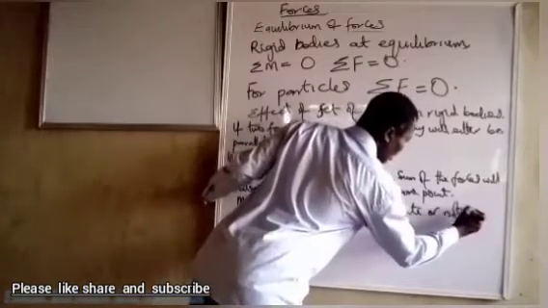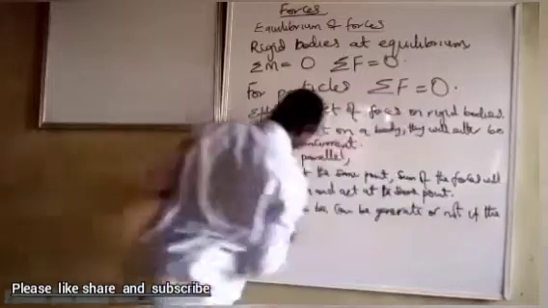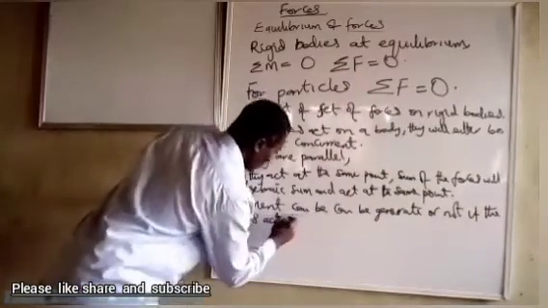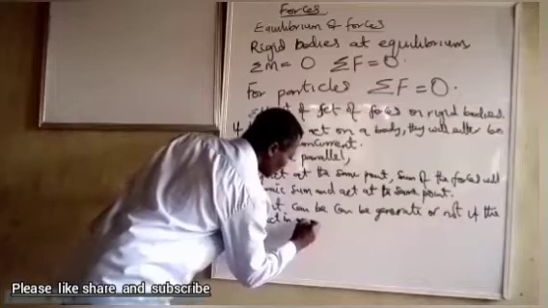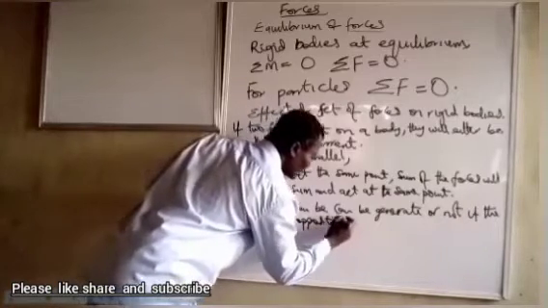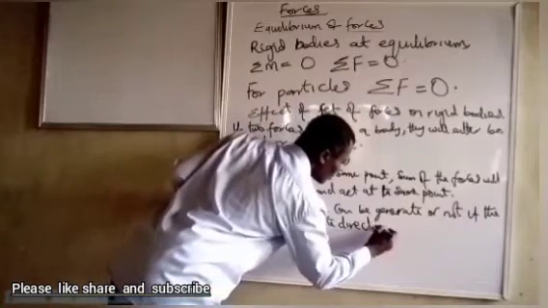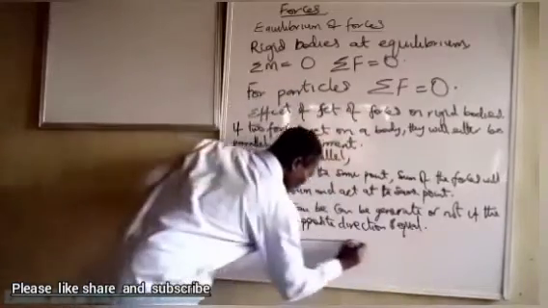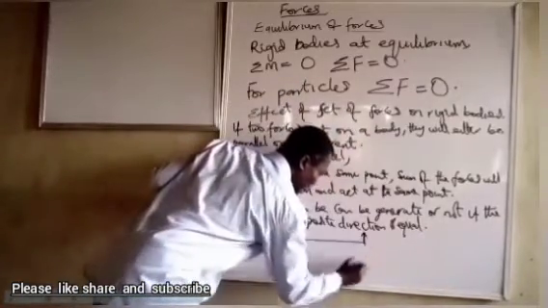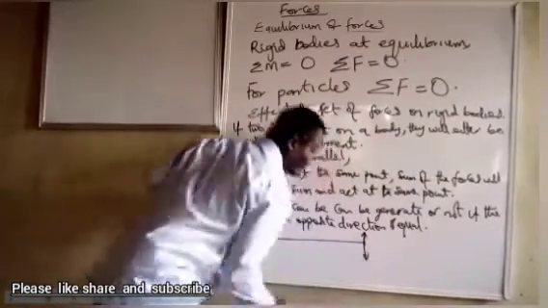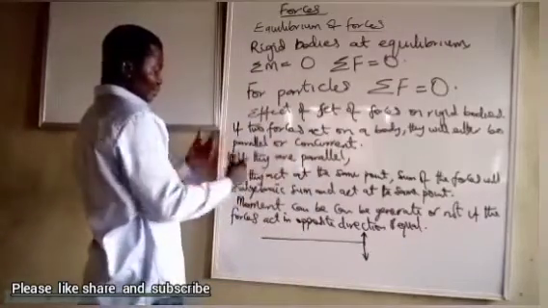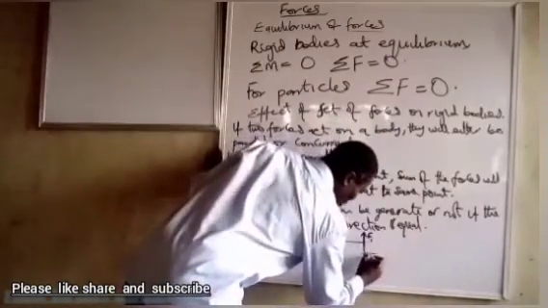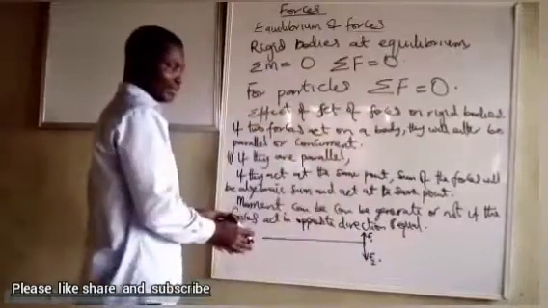or not, if the forces act in opposite directions and are equal. What I mean is this: if a force acts like this and another one acts like this, that is, they are unlike, and F1 is equal to F2, there won't be any moment generated.